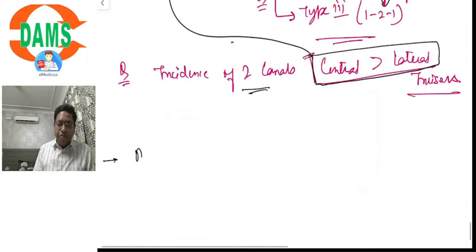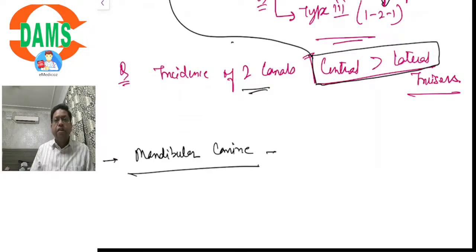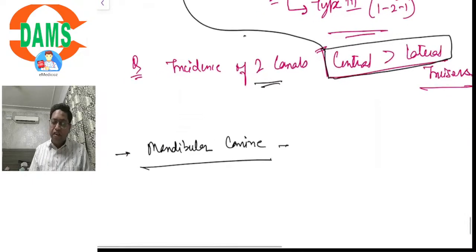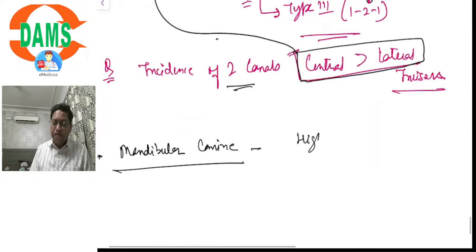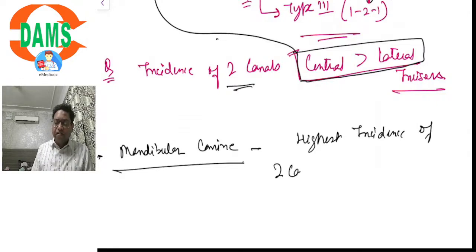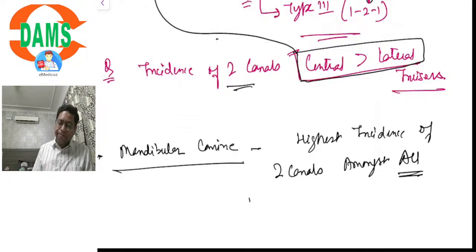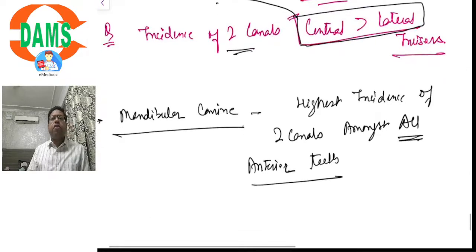Now we talk about mandibular canine. Mandibular canine has got the highest incidence of two canals amongst all anterior teeth.